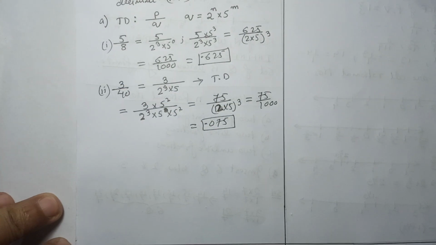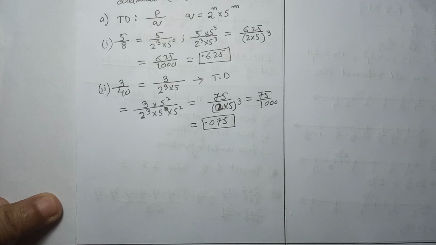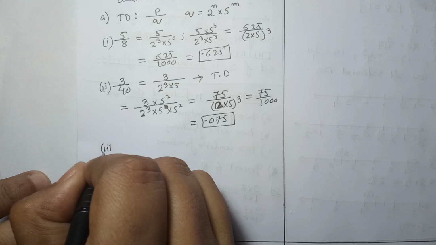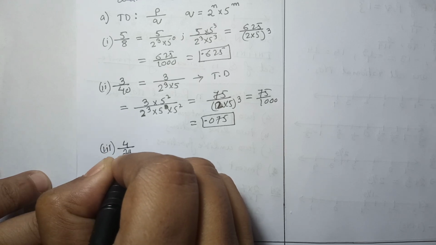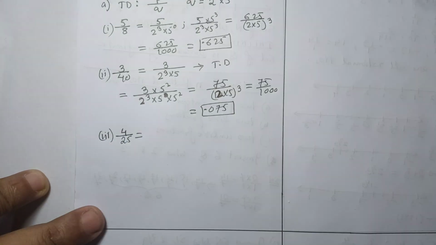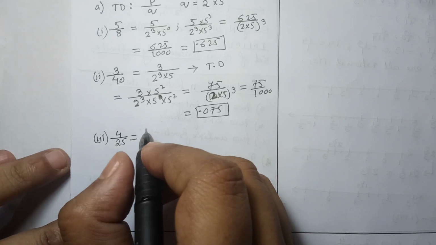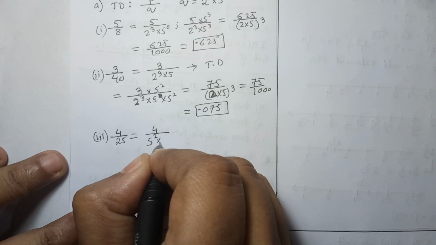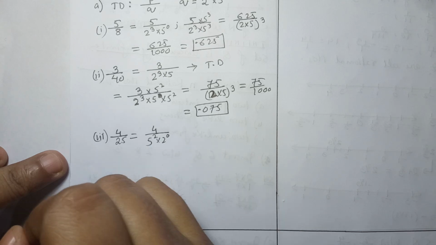Let me do another one. The last one I can say on terminating decimal example here is 4 by 25. I can represent it like how? In what way? 4 by 5 square into 2 to the power of 0.